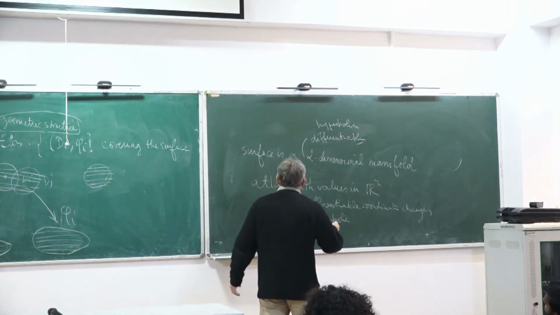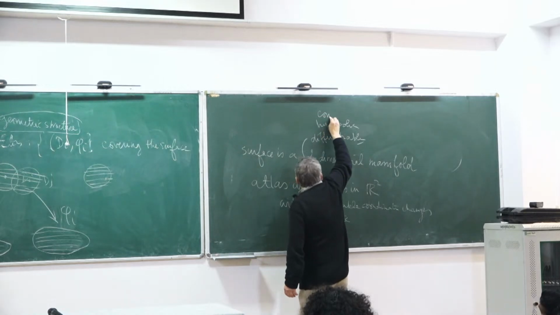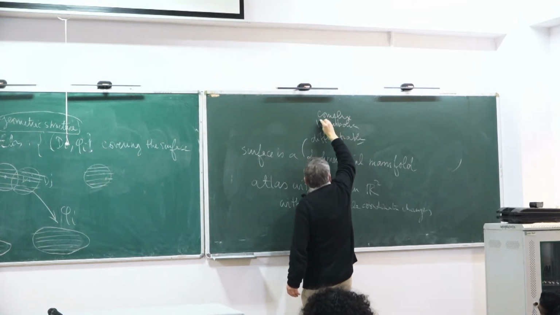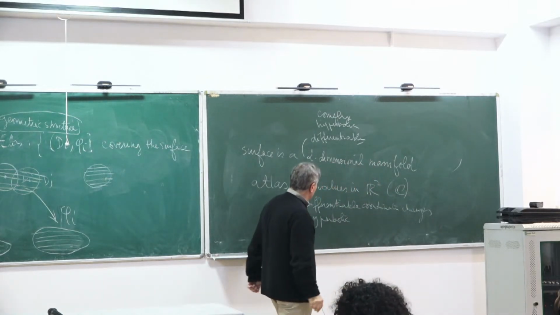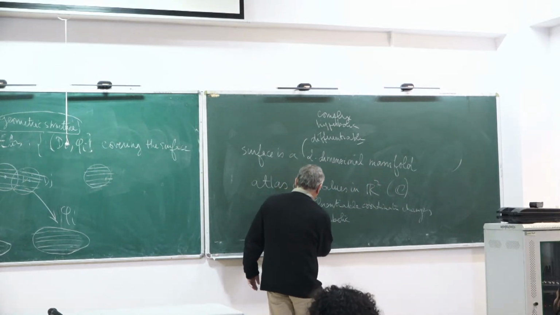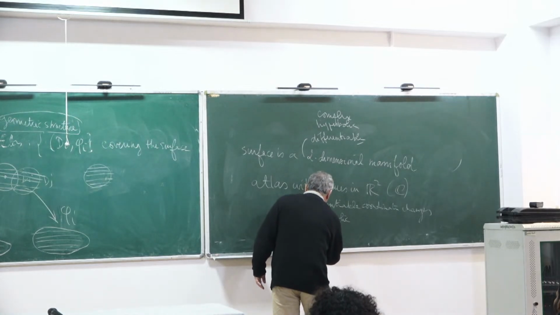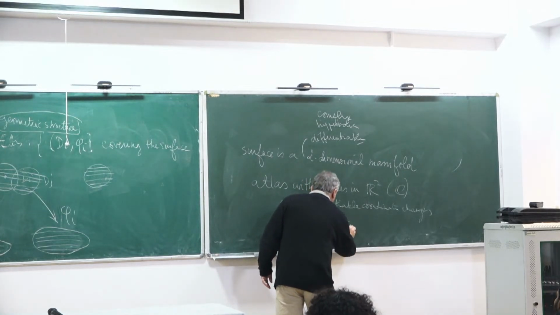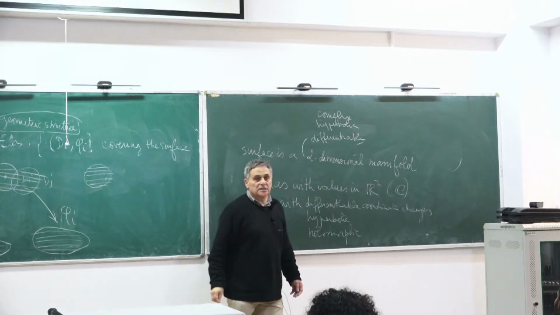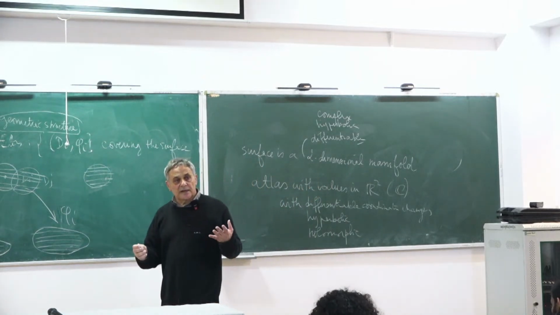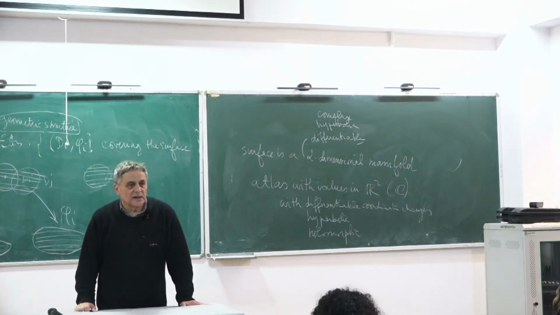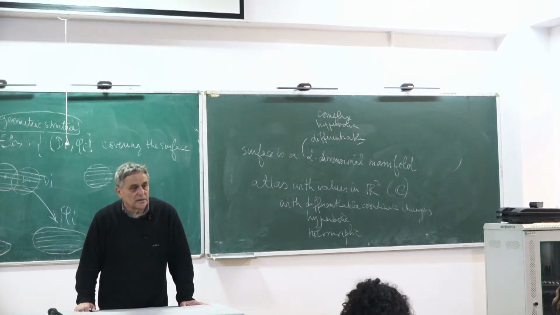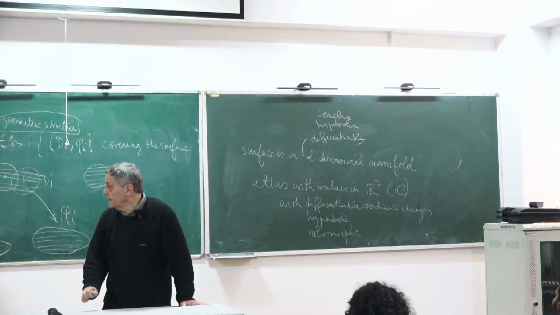The surface can be a complex manifold in C with holomorphic coordinate changes and so on. So when you say I have a manifold, you must be more precise. You must say what kind of manifold I have. Complex manifold and so on.